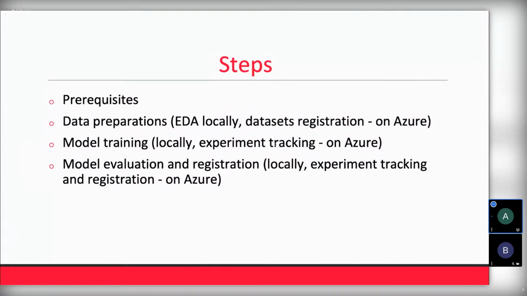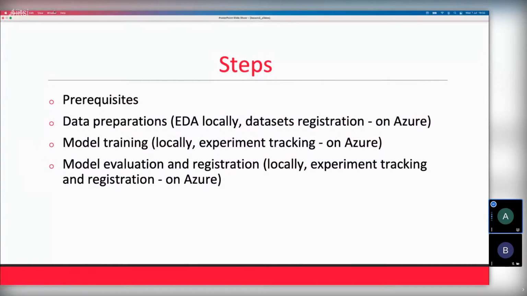Then we're going to continue with model training. We're going to do it locally as well, but making sure that all experiment tracking while running locally is logged to Azure. And then we will finalize this part with a brief model evaluation and registration of this model. Once again, the model evaluation will take place locally, and experiment tracking and registration will take place on Azure.